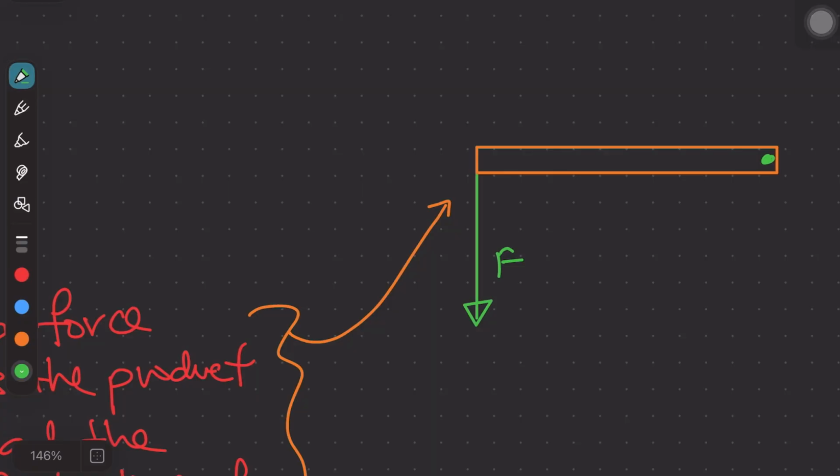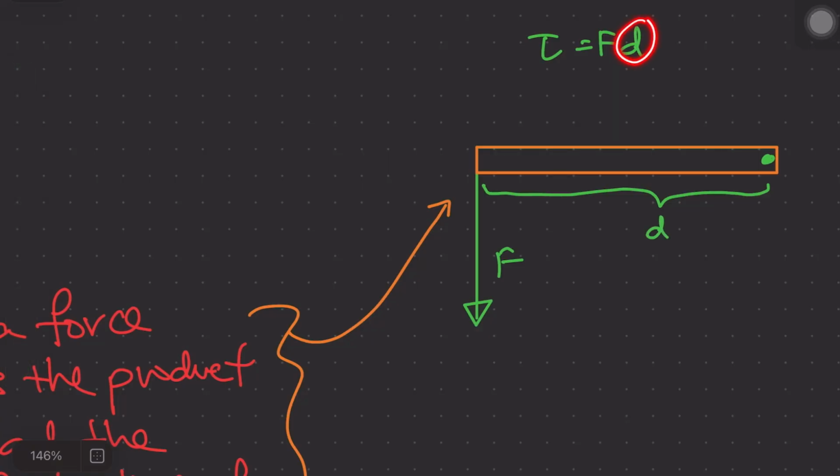The moment is represented by tau, and is equal to F multiplied by this distance over here. Note that this distance must be the perpendicular distance from the force's line of action.